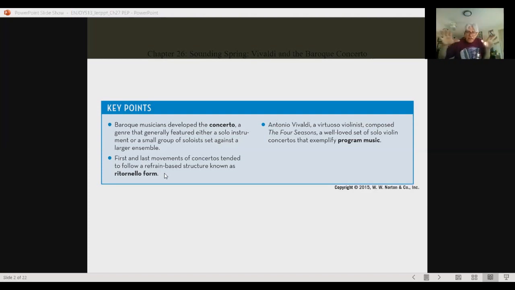You have that melody that's consistent, and then you have, for instance, the voices, and then the melody that's consistent keeps coming back again. So this same thing happens in instrumental music. And in the concerto, this is a common way of the small against the large, and then this melody keeps coming back.